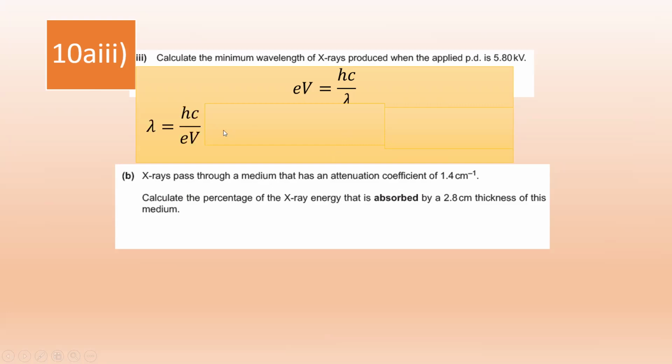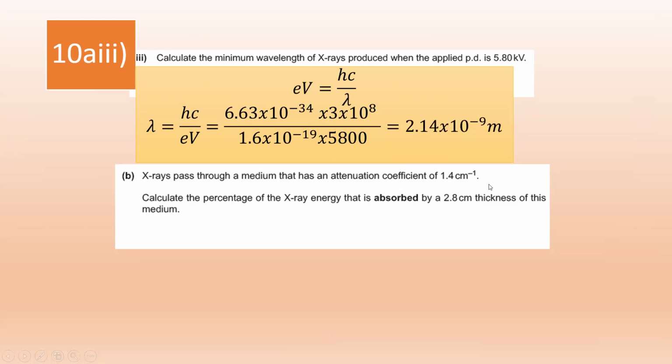Make lambda the subject, put in your value: Planck's constant, speed of light, charge on electron, potential. Okay. X-ray passes through a medium with a given attenuation coefficient.